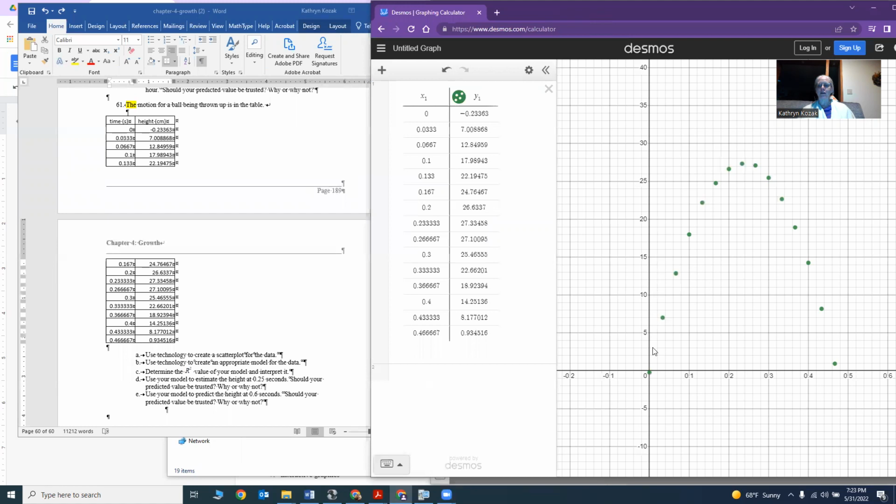What I like to do is I look at this and it looks like it goes up, then it comes back down. This does not look like it's a nice repeating one because there's no reason for the ball to come back up again. Unless it bounces, and even if it bounces, it won't actually come up exactly the same way because of physics. So it's not going to be periodic, but it definitely has this U shape to it, which kind of tells me it's either quadratic or parabolic, a parabola.